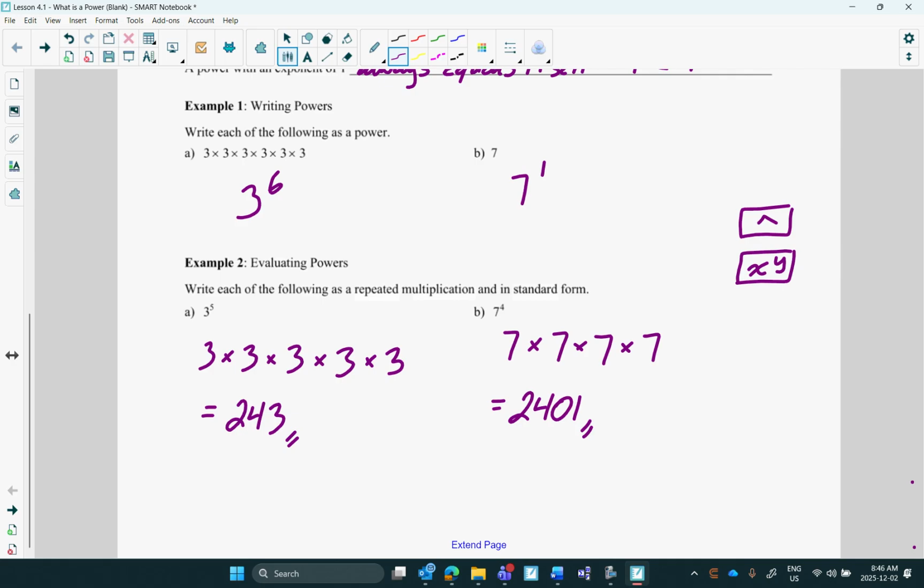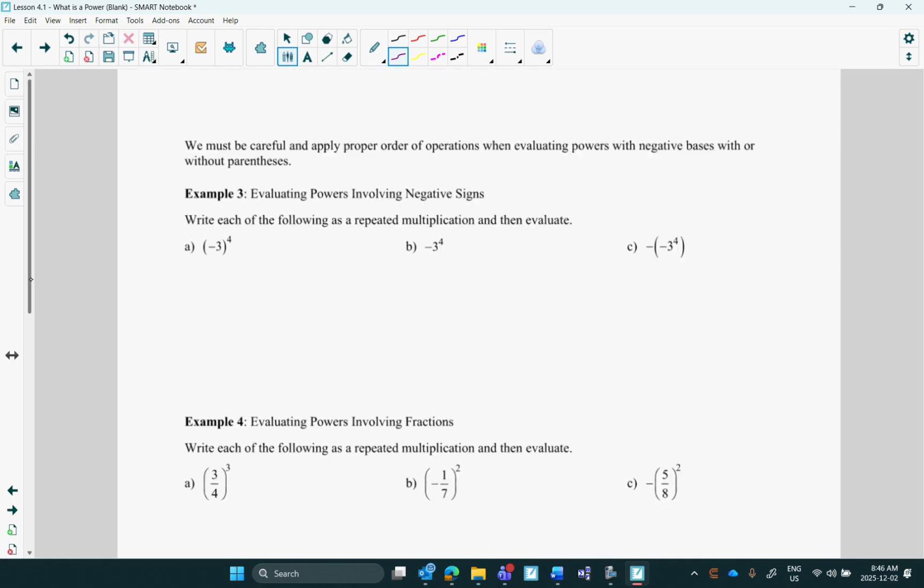But what's next may not be. What happens if the bases have negatives in them? Well, almost. It depends whether there's parentheses or not. Let's look at these two together. There's parentheses around the -3.